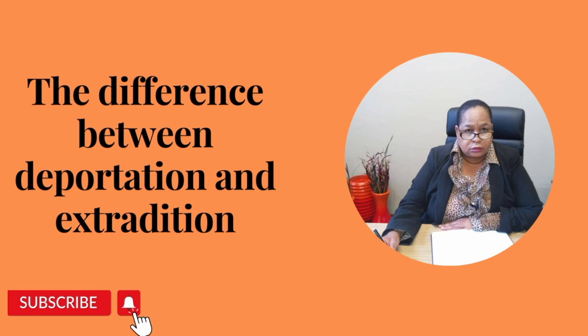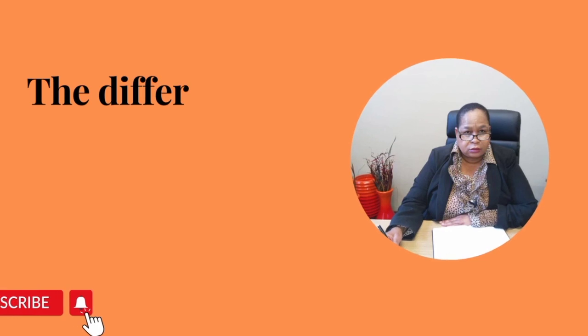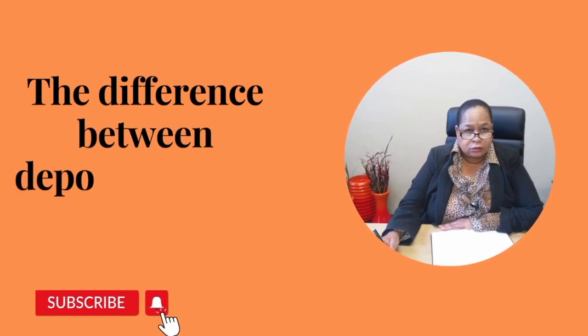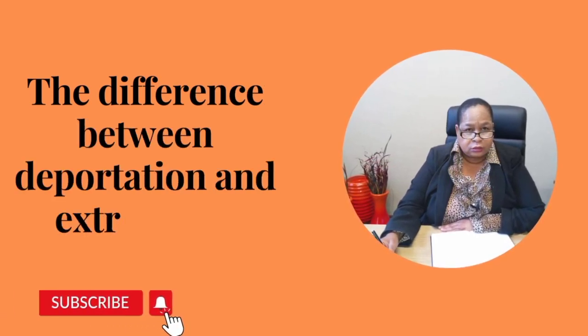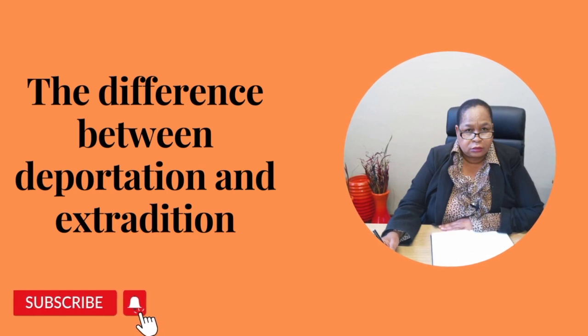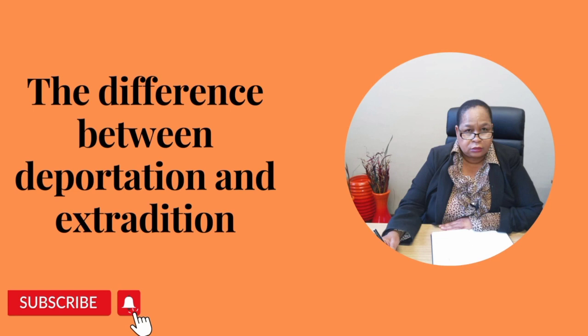They may arrest this person, and once this person is arrested, he'll be subjected to what is called the extradition process. He's arrested, subjected to the extradition process, and he'll be sent back to the country where he committed the offense, for him to be tried there, for him to face the might of the law.